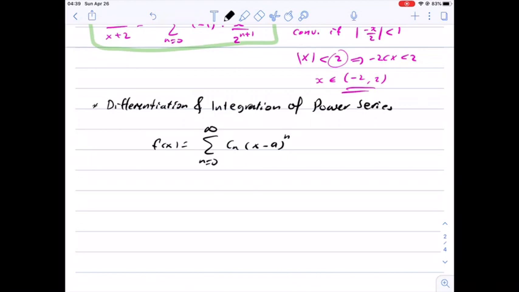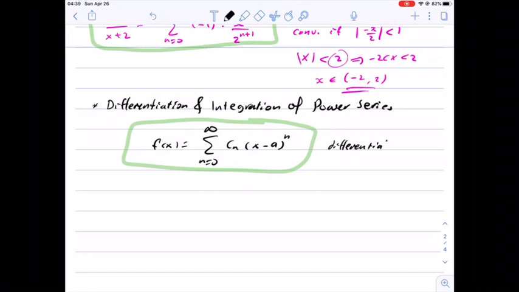So how do we differentiate this? We are assuming that this is differentiable, and hence continuous, and it's defined on the interval a minus r to a plus r, the interval of convergence.